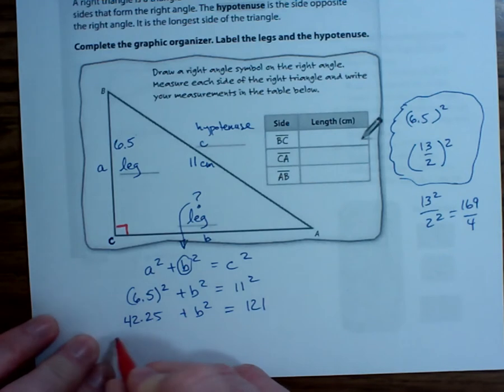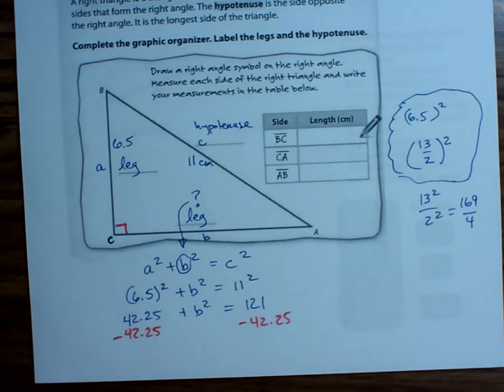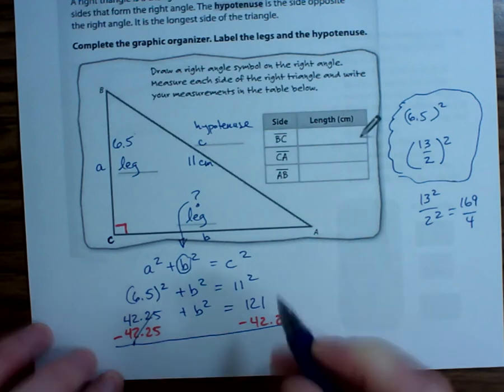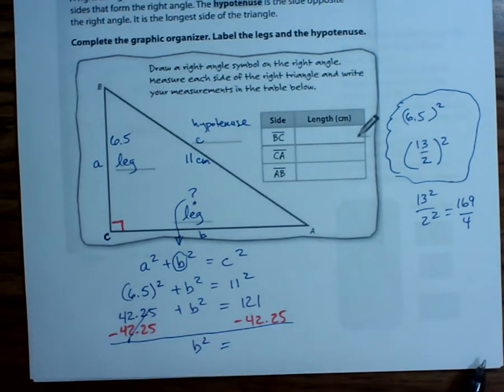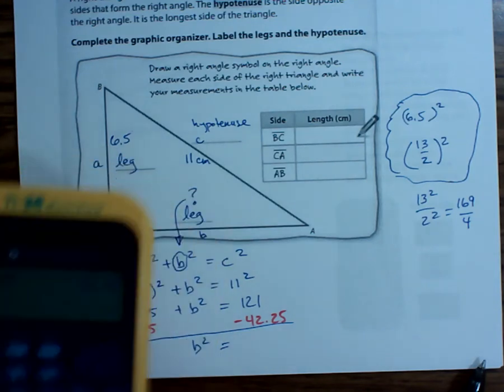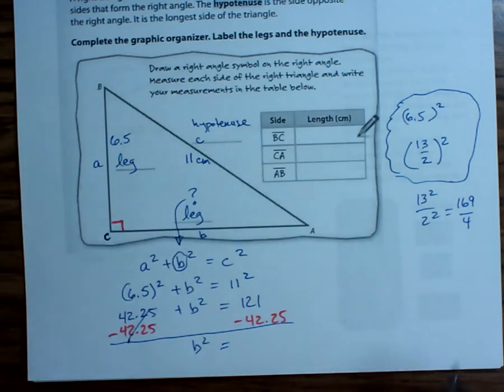So if I'm going to subtract 42.25 to both sides, that's gone. I'm left with B squared equals, I need to use a calculator, subtract 121. It's 78.75.